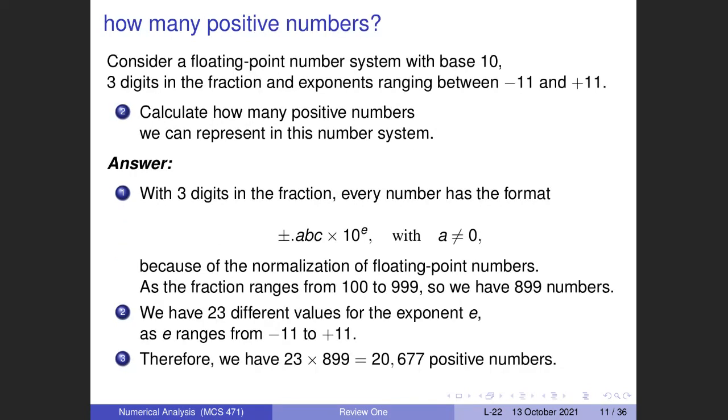The second question is, how many positive numbers can you represent? By positive numbers, I mean valid numbers. So we are assuming that every number is normalized. With the smallest positive number, you do have the unnormalized number, so the smallest unnormalized number that you can represent.